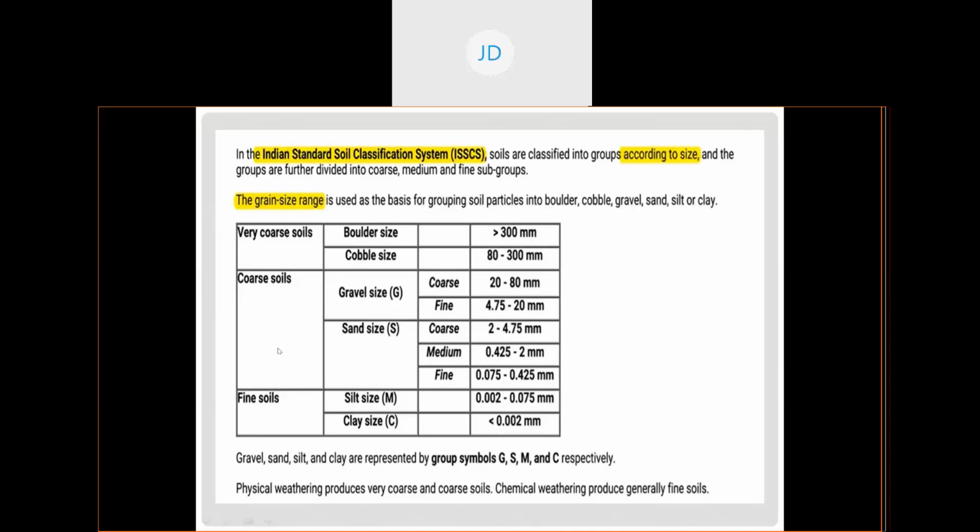Say for example you have 1 kg of soil sample collected from the field. By a laboratory test that we're going to discuss in coming classes, you can find out how much fine percentage and how much coarse percentage there is. Now, how do we define whether the soil sample is coarse grain soil or fine grain soil?